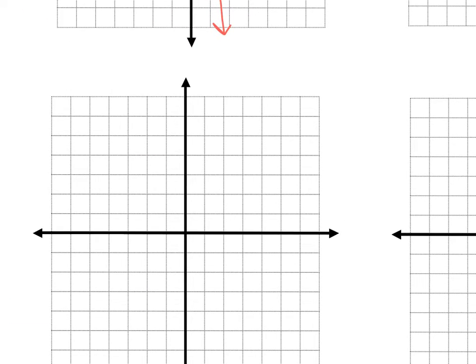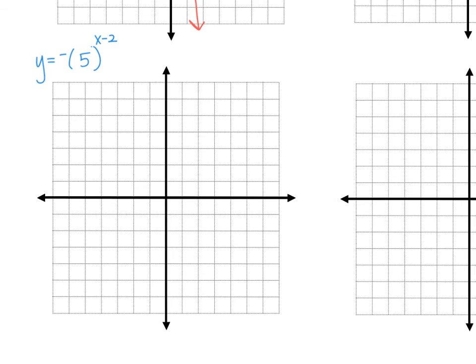All right, so our, I guess, fifth example. So y equals parentheses 5 with a negative in front, and then x minus 2. The x minus 2 is in the power. So first thing you'll want to do is recognize that it needs an asymptote.